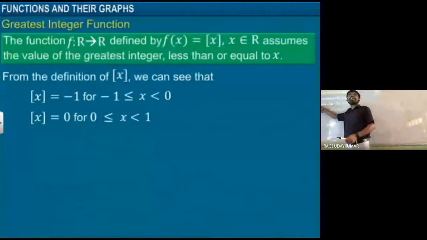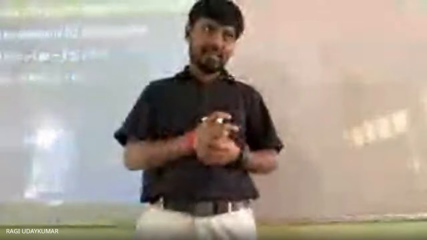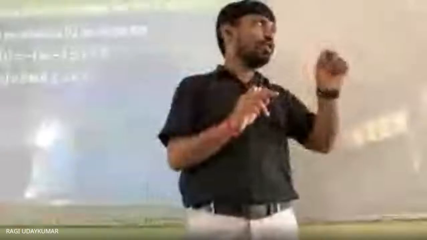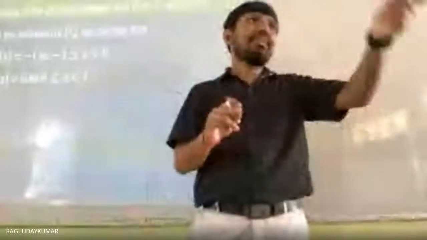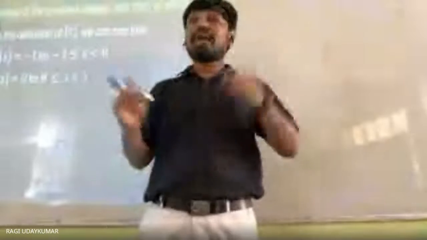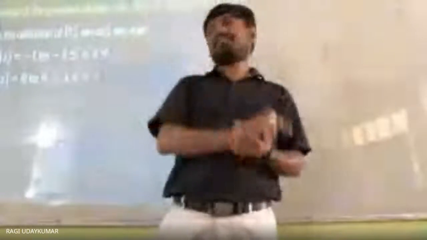That means inside the brackets, if you take -0.5, the answer is -1. Inside the brackets, if you write -0.9, the answer is -1.